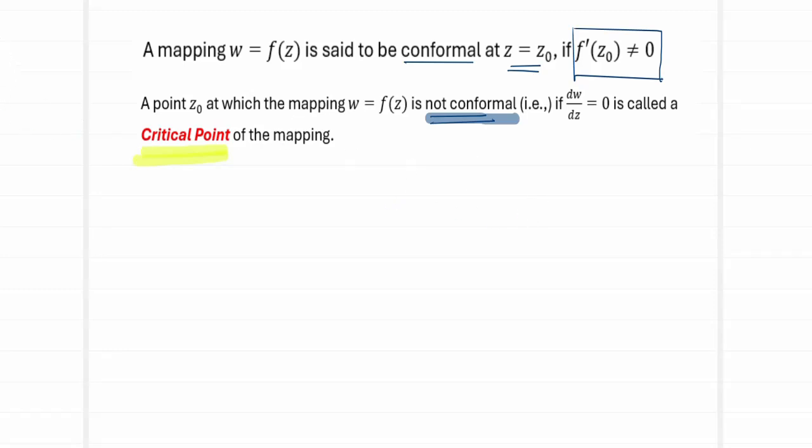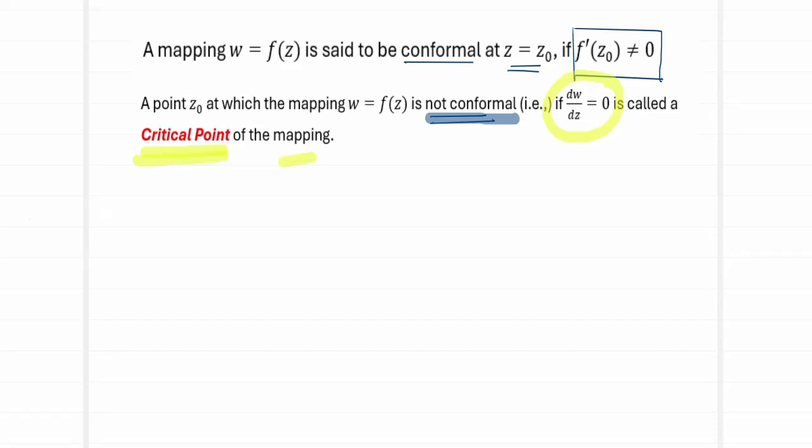A critical point of a transformation is got by the condition dw by dz equal to 0. That is, if the derivative happens to be equal to 0, then we say that the mapping is not conformal at that particular point.